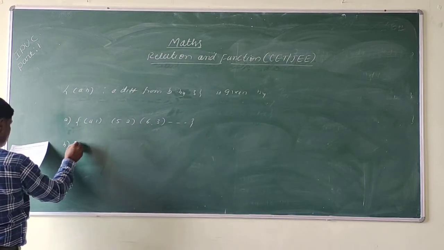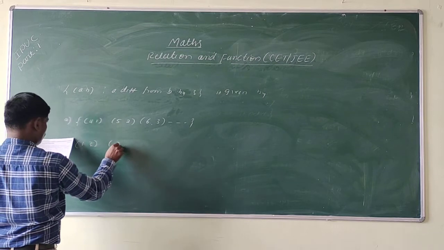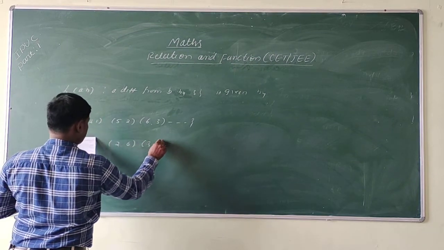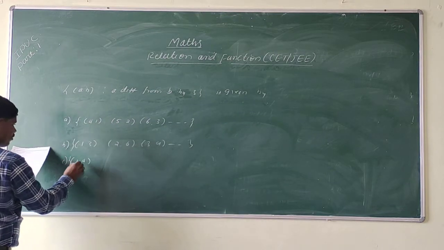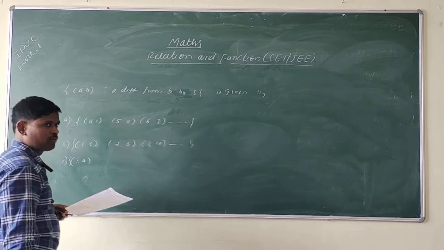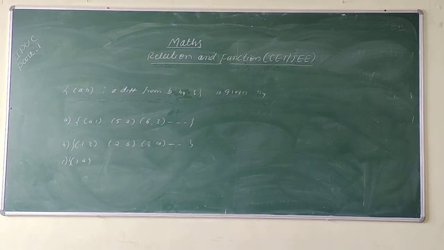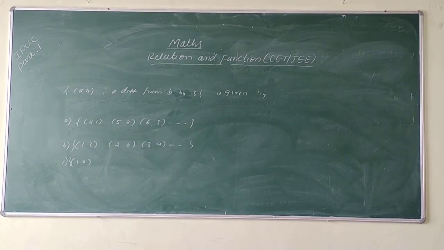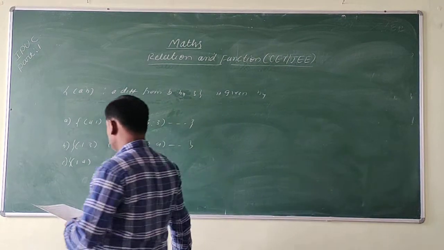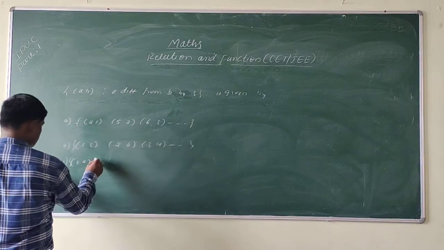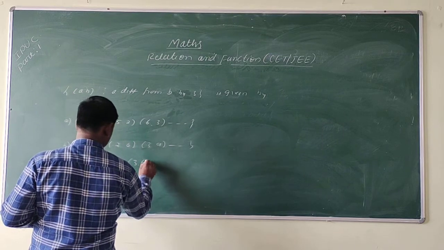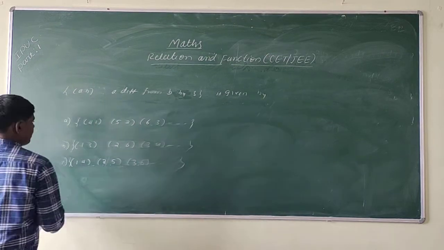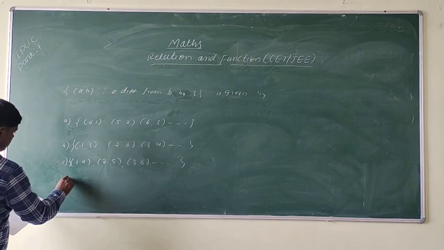Option B is (1, 3), (2, 6), (3, 9). Option C is (1, 4), (2, 5), (3, 6) and so on. And option D is none of these.